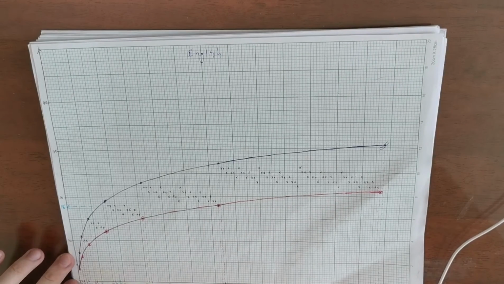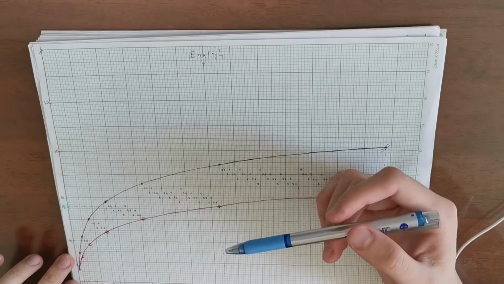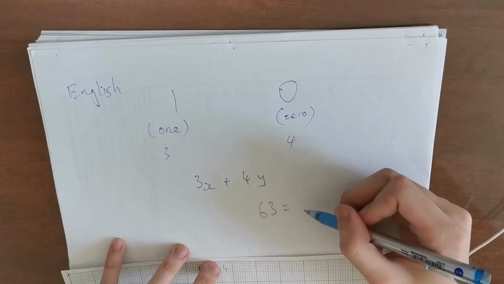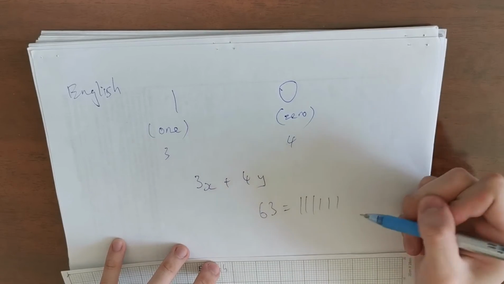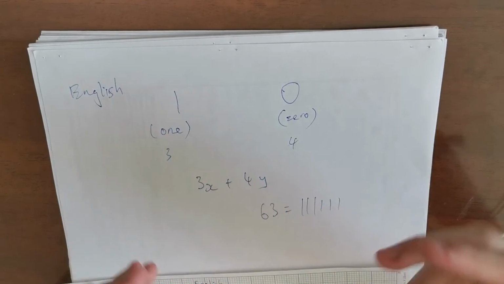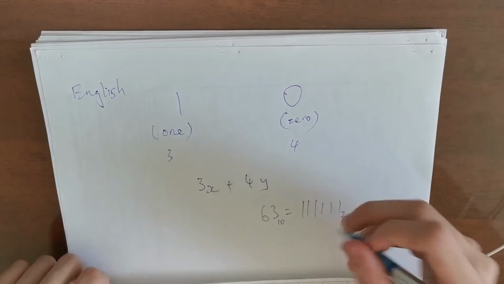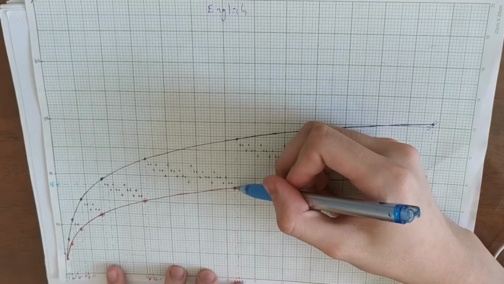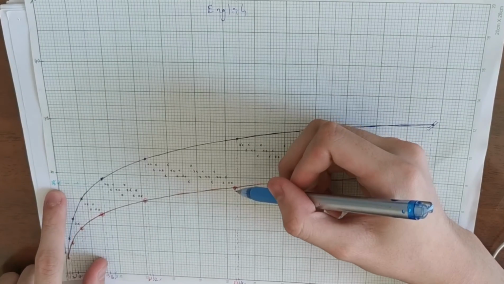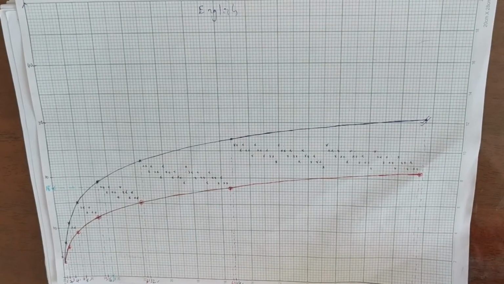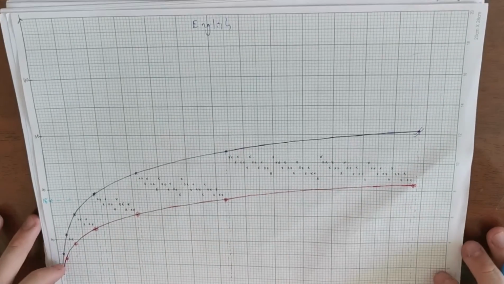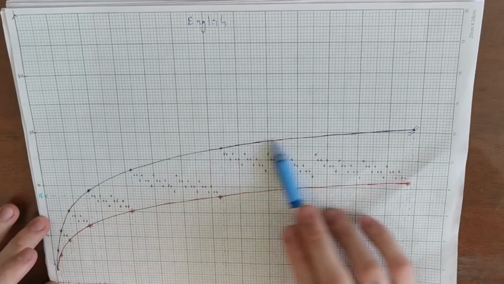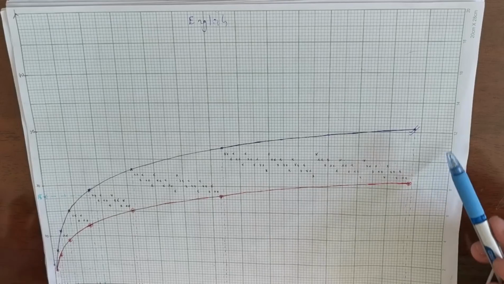So let's say we have 63 here. 63 is 11111 in binary base 2, and that gives us a total number of 18. So you draw here and go here, you get 18, right? So this is the graph, and interestingly you can see there's a lower boundary and an upper boundary. Lower boundary is in red, upper is in blue.